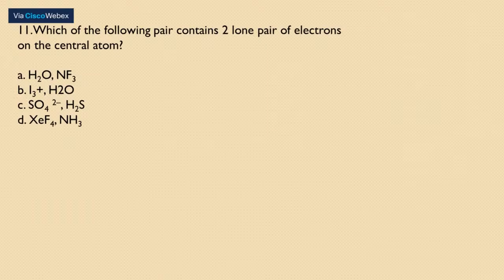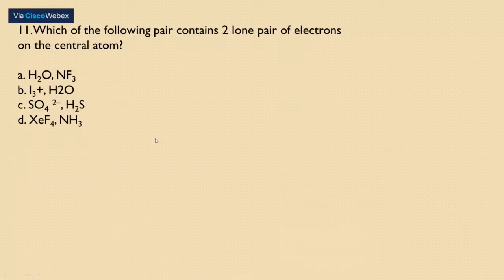If you know the Lewis structure, then you can identify how many electrons are involved in bond formation, that is the shared electron pairs, and how many electrons are not involved in bond formation, which are called lone pairs of electrons.